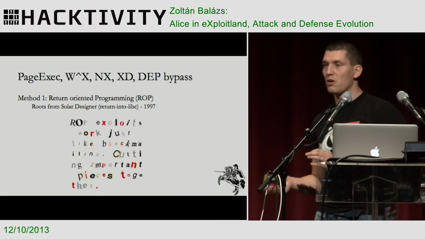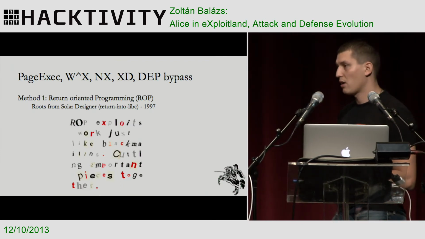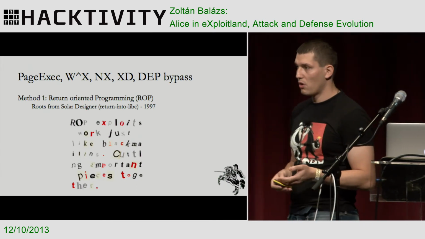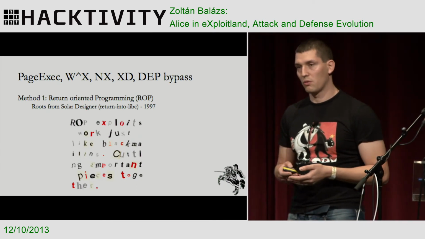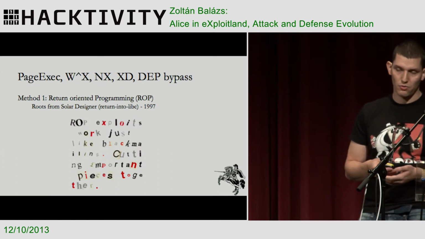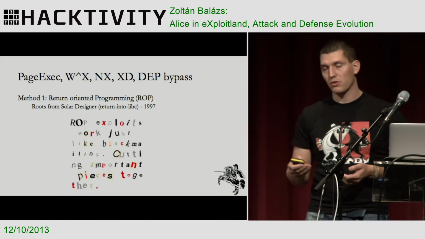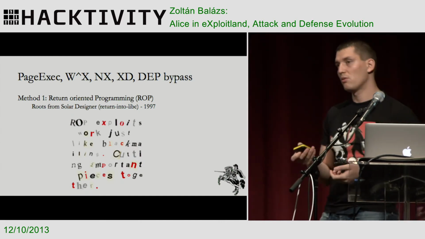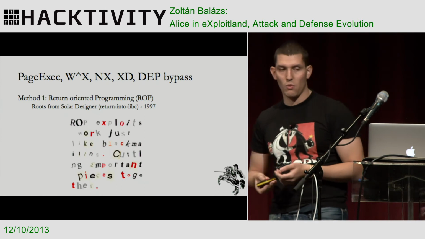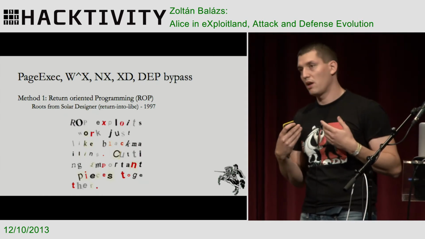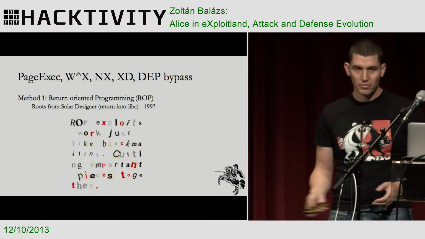And return-oriented programming works like when we are thinking about the Alice case: okay, the rabbit won't execute my handwritten commands, but what if I search for all the previous commands from the queen, and I cut all these commands out, put them together to do what I want, and it will be accepted, because it's not written by Alice, it's written by the queen.